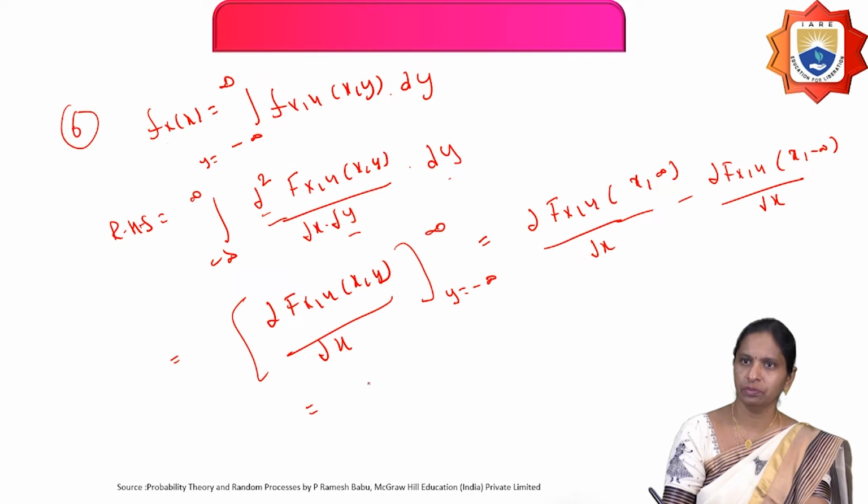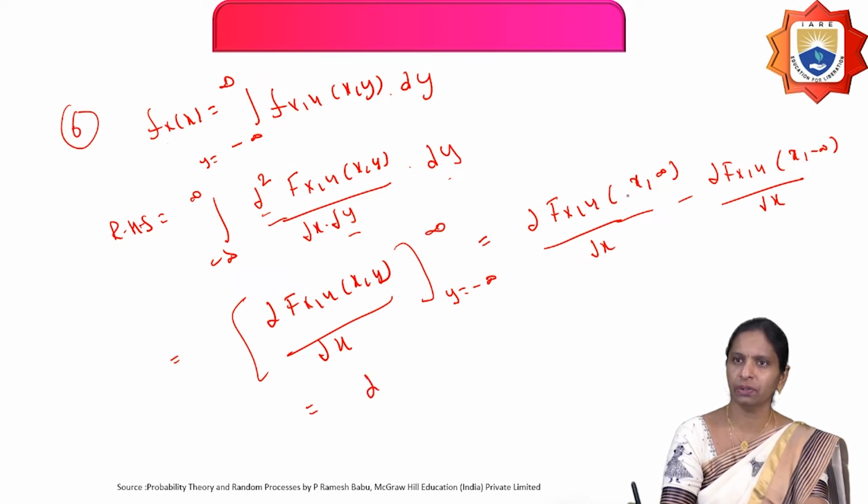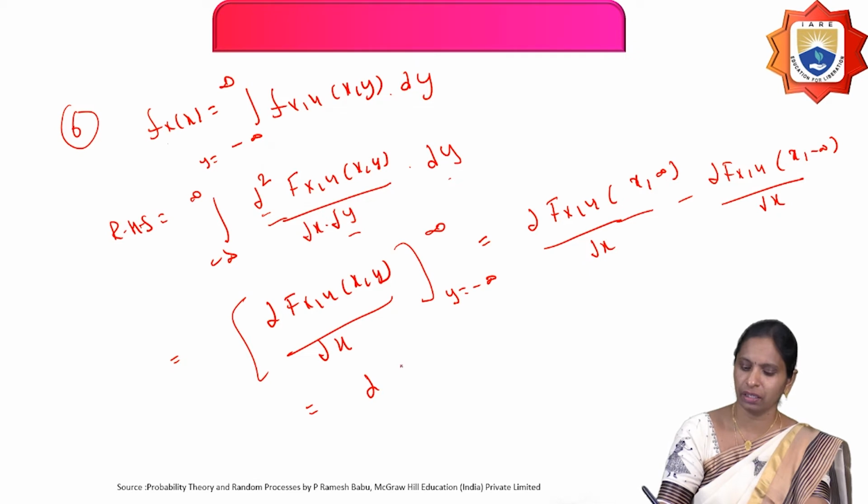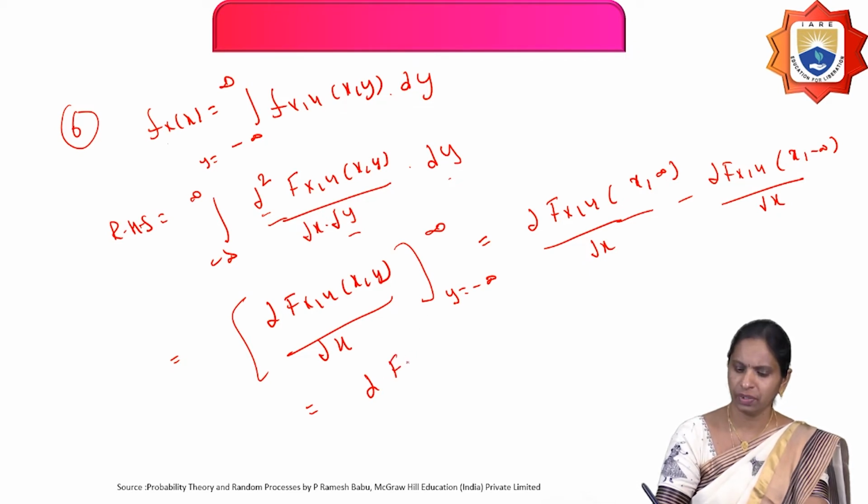That equals what? Dou fxy of x comma infinity. I already told you that in a joint distribution function, if you keep y as infinity, then you get the marginal distribution function of the random variable x, by dou x. Minus, in the joint distribution function, if any one of the variable values is minus infinity, you will get a 0. So here 0.